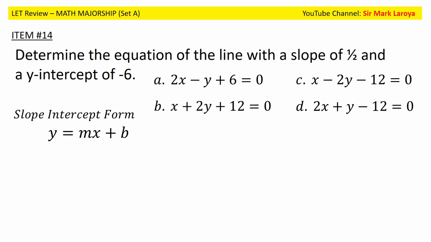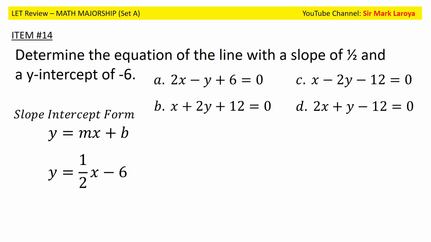So, ang gagawin natin, kunin muna natin yung slope-intercept form ng equation and then transform natin into general form. So, m is 1/2 and y-intercept or b is -6. So, this becomes now y equals 1/2 x minus 6. So, yung ating equation is in slope-intercept form.